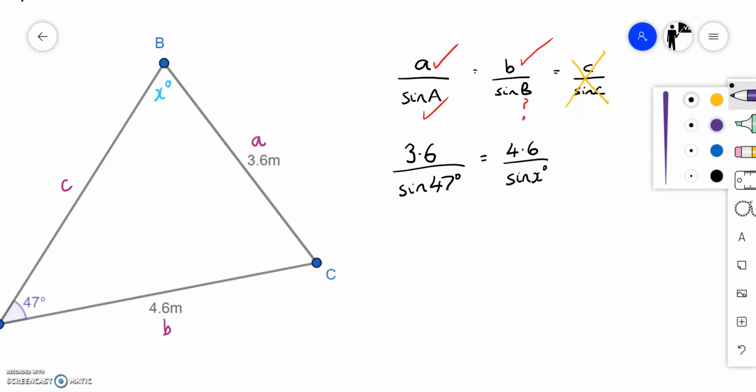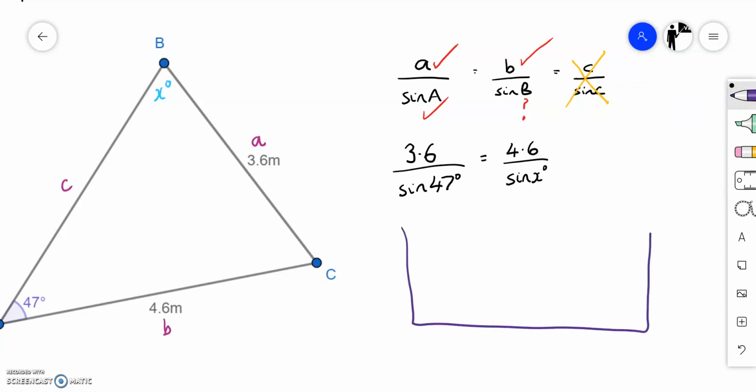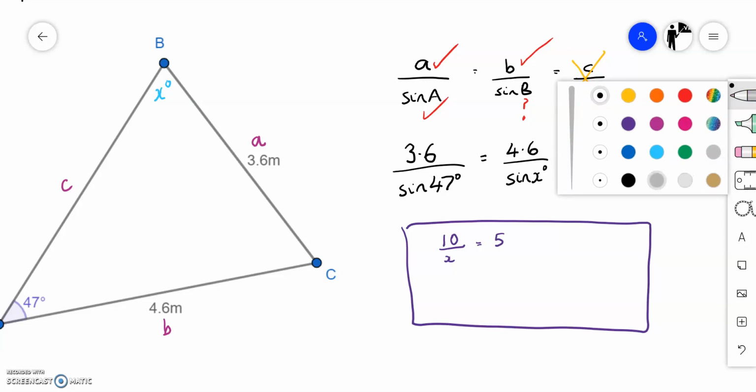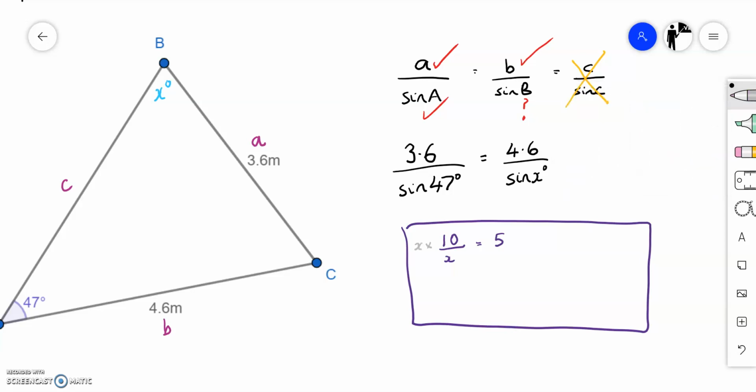I'm just going to do a wee thing at the side here. You don't need to write any of this down, I'm going to rub it out. But say we wanted to solve this equation, 10 divided by x is equal to 5. So 10 divided by something is 5. We know that something is 2, but if it was a bit more challenging, we would multiply both sides by x because they would simplify, and we'd be left with 10 is equal to 5x, and then we can divide throughout by 5 and we get 2 is equal to x, or x is equal to 2, which is what we knew.